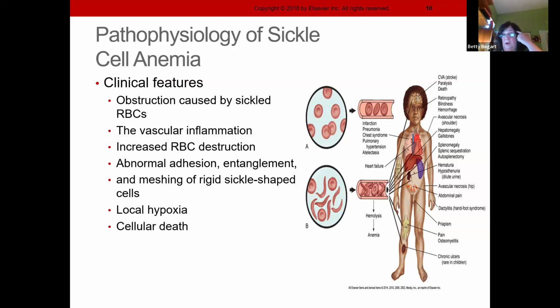Know that when you have a headache in sickle cell, you're going to do a neuro check, right? Because it could be now something to do with the brain not getting what they need, and now you're thinking about a stroke. So if we have all of this sickle cell going on, usually it's because your vessels are a little bit smaller. When would your vessels be smaller in your body?